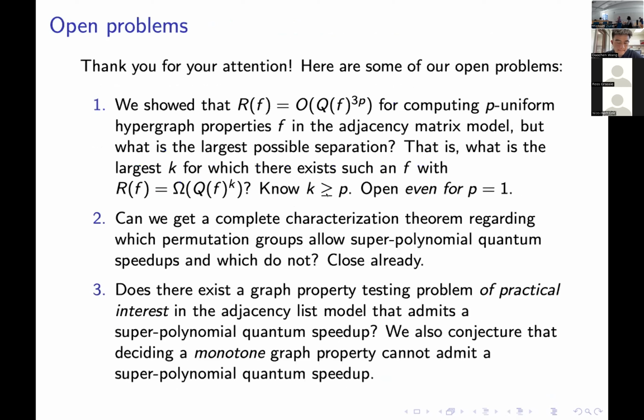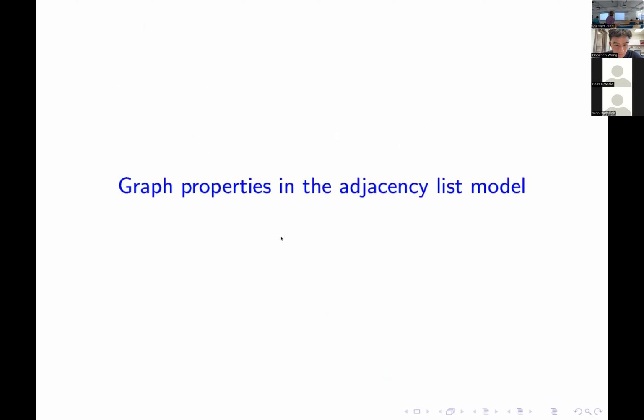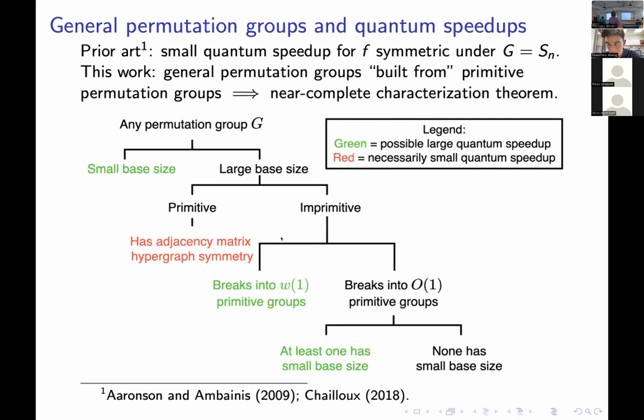Oh, yeah, so my question is about your summary slide where you have this beautiful decision tree. At the second junction, you have a large base size, primitive versus imprimitive.